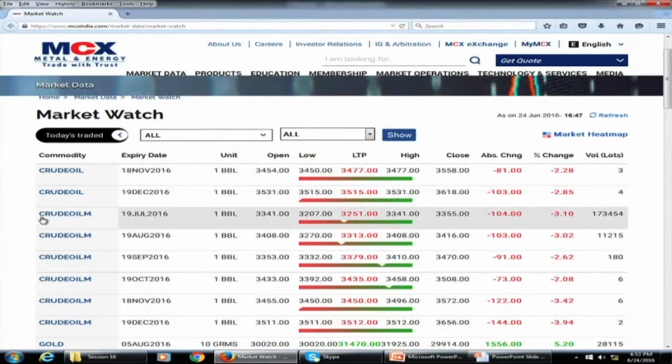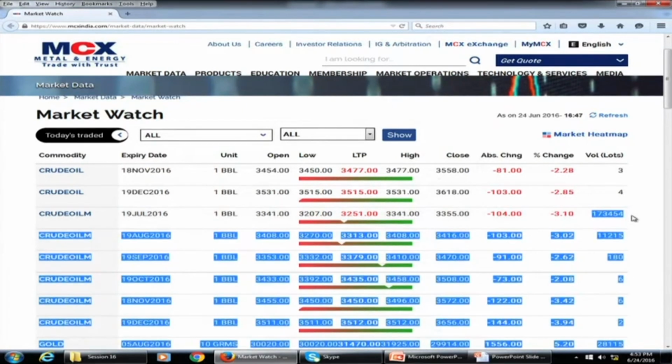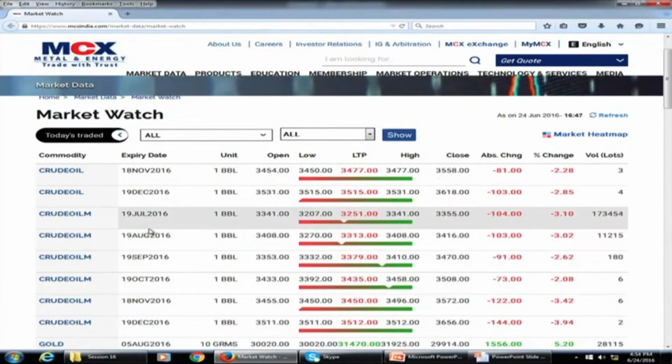There is also another contract called crude oil M, that is the mini contract. Everything is the same, only the lot size will be lesser. On this date again you will have July, August, September, October, November, December. All contracts are traded today, but the maximum trading happens in the nearby contract. 1,73,454 lots have traded, and so on.